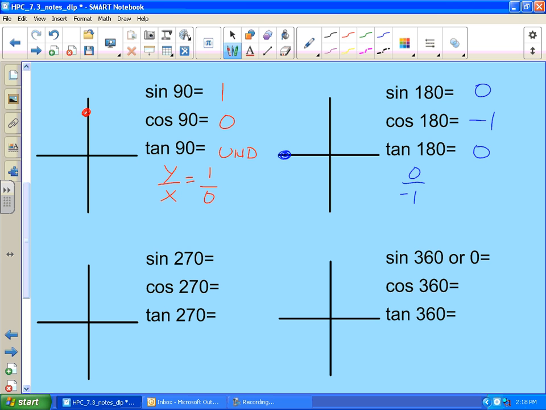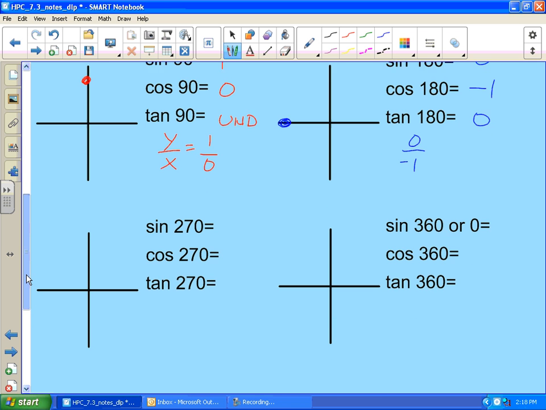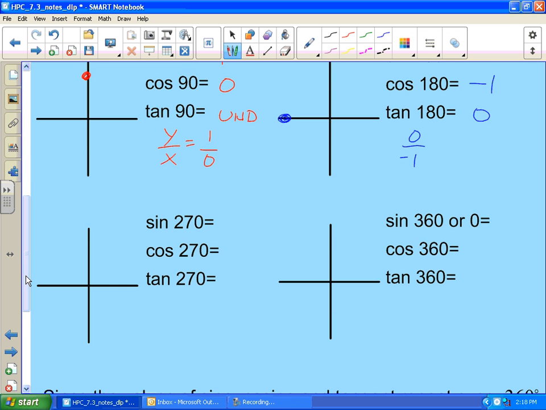Okay, now here's the easy part. Once you know those, the other ones kind of follow suit. So back onto a vertical axis now at 270. Now I'm hanging out down there. Negative 1 now, come down on the bottom. 0 and, just as it was above, undefined again.